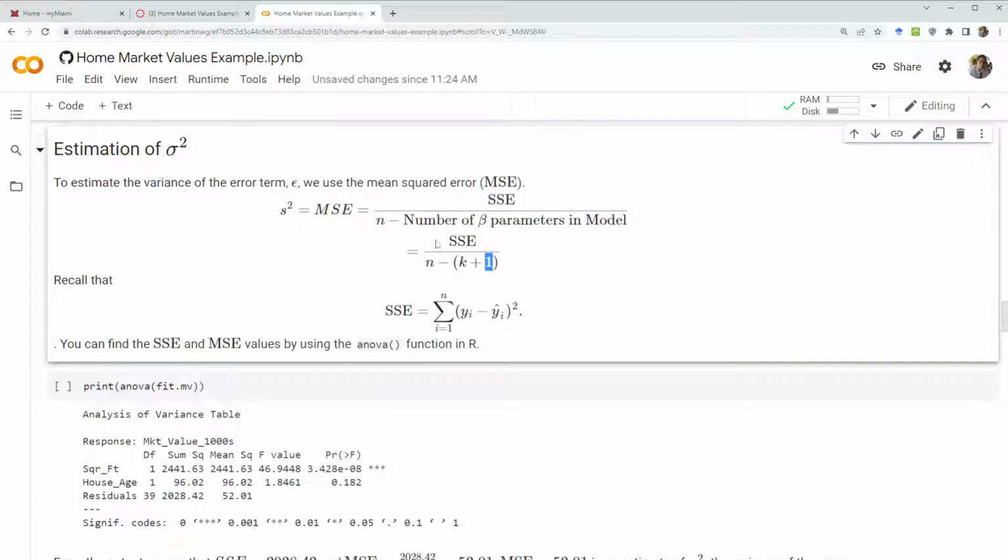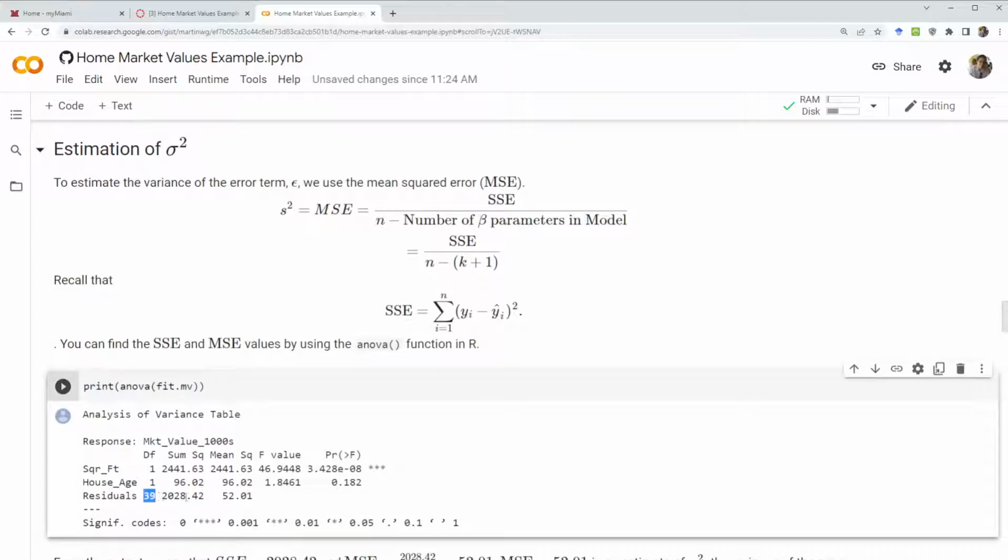In other words, the number of beta parameters, which is one slope for age, one slope for the square footage, plus the y-intercept. In this case, I think we have 42 observations. So that's going to be 42 minus (2 plus 1), minus 3, which is what we get here, 39. That's the error degrees of freedom.